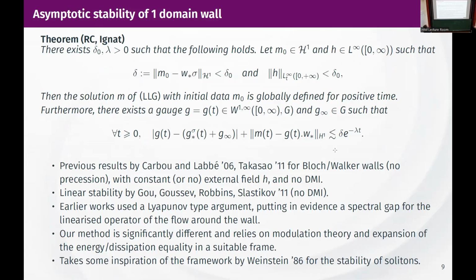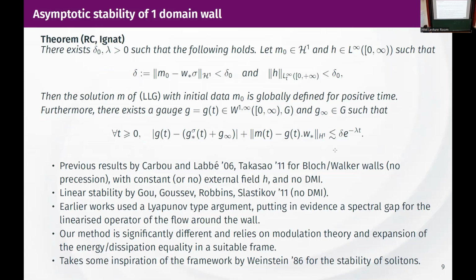So how does it go? Okay, so I think these are really the results where you can ask about asymptotic stability. You give yourself a magnetization in curly H1, which is close to a domain wall.